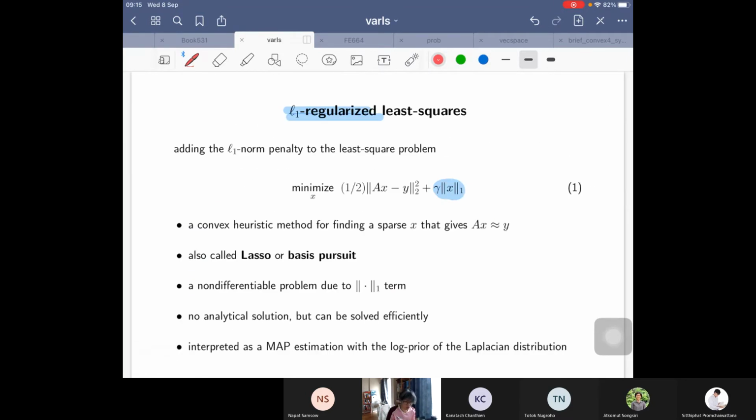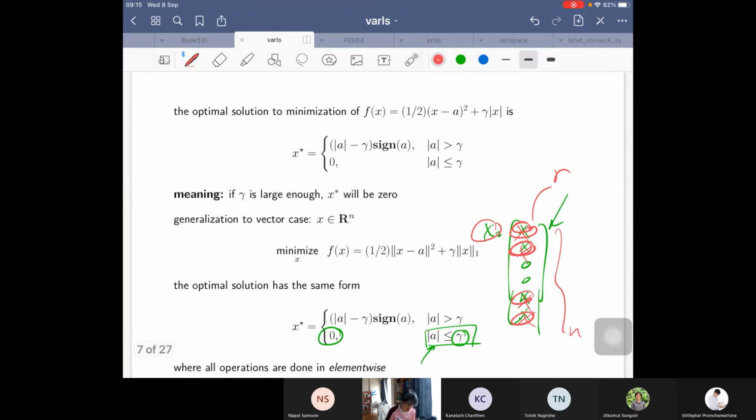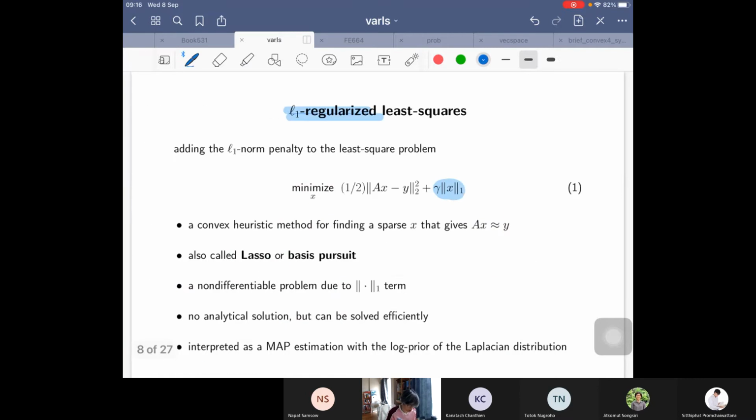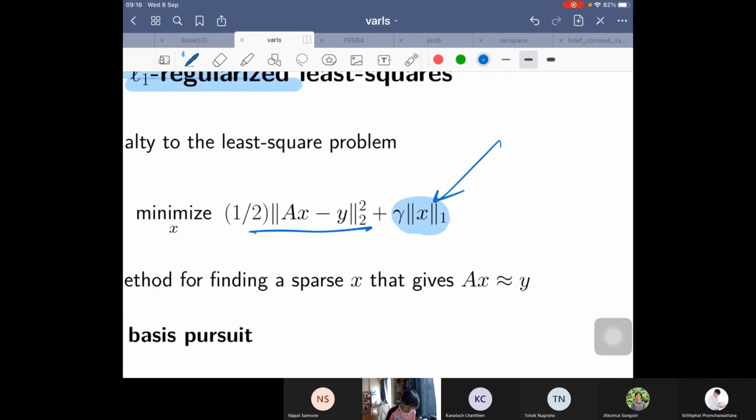That's the motivation: when you add an L1 penalty to a cost objective, it introduces zeros in the solution. That is a significant feature of the L1 norm penalty, and that is why we add the L1 norm to the least squares objective. It is a convex heuristic method to find a sparse x such that Ax is approximately y.